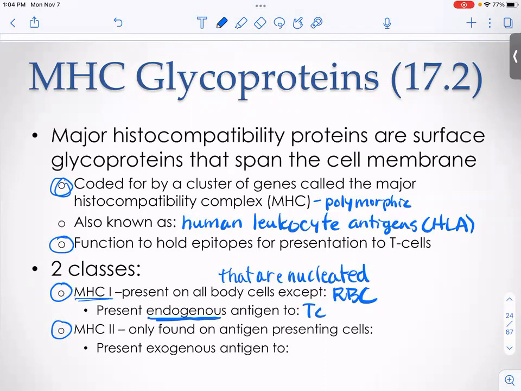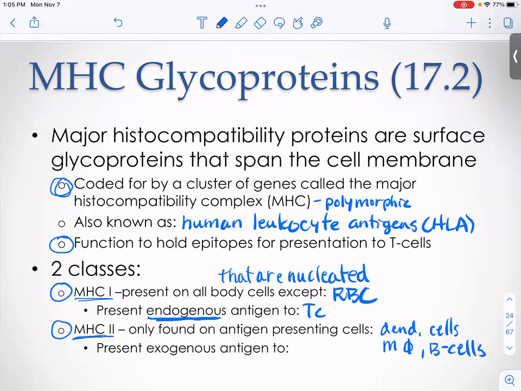The other kind, MHC class 2, it's only antigen presenting cells that will have MHC class 2. So remember, that's dendritic cells, macrophages, as well as B cells. B cells aren't really phagocytic, but they have a way to kind of ingest antigen and present it again. So those are our antigen presenting cells.